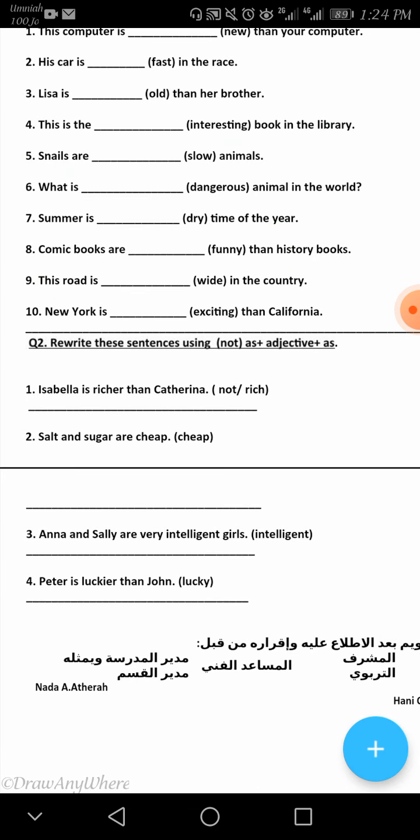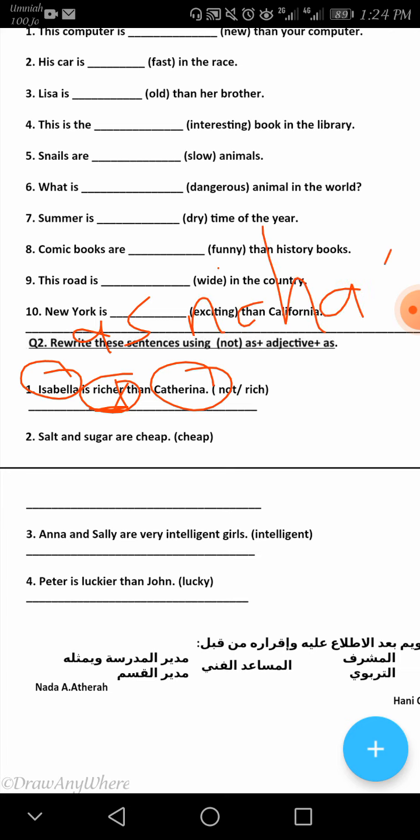So next question. Rewrite the sentences. Use not as adjective as. Okay. Now here it is. You have to find what? Two names. Isabella and Katrina. هدول الأسماء اللي بدي أبلش أقارنهم. And you have to use as. Where is the adjective? Adjective بس بدون er.